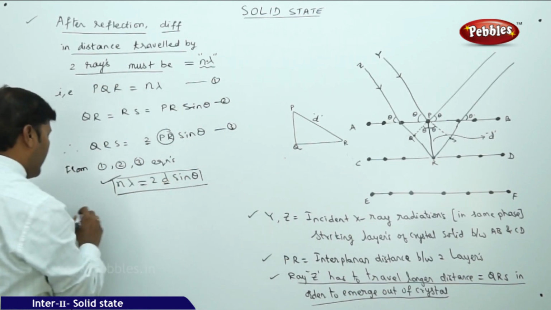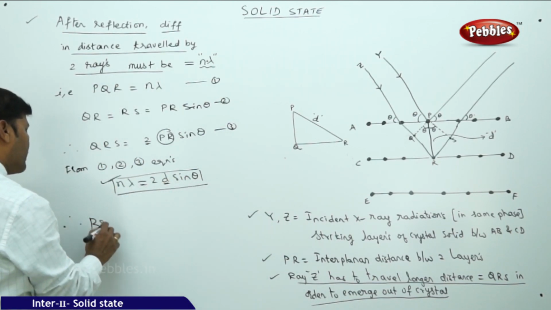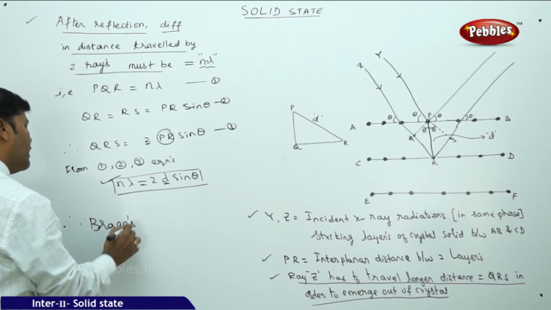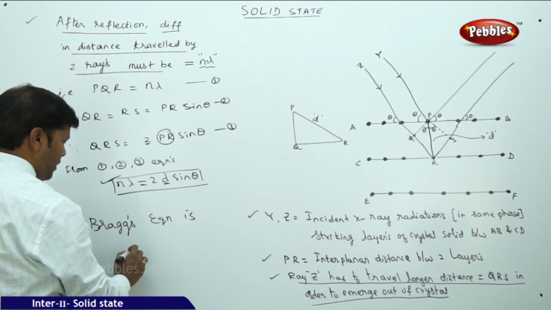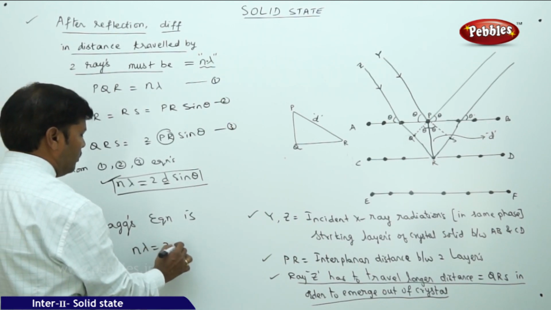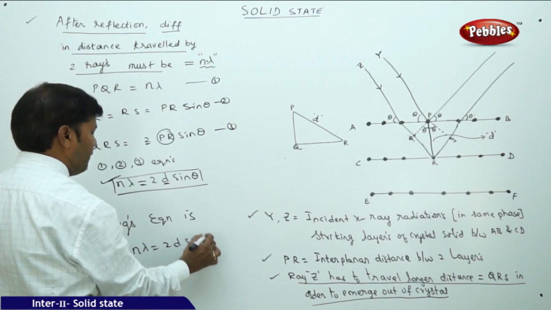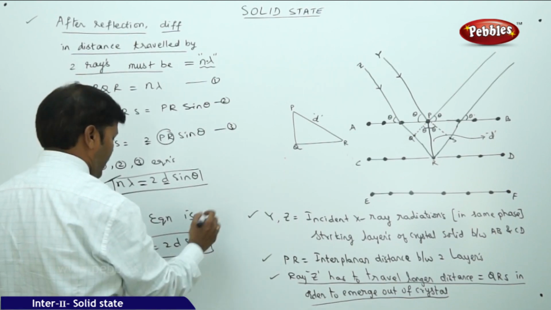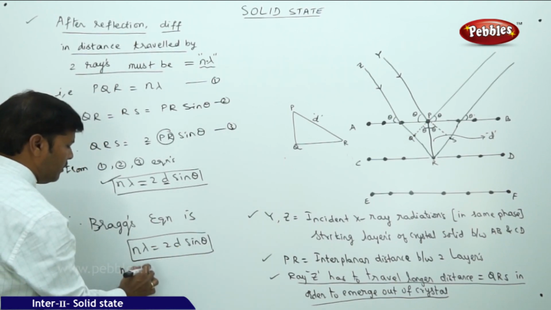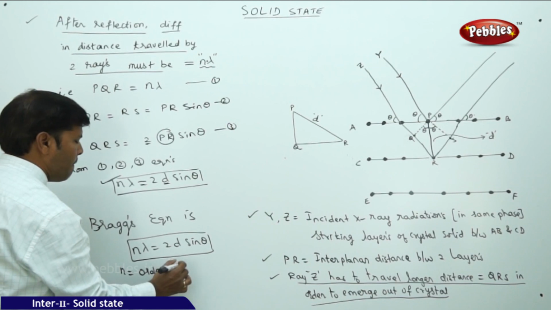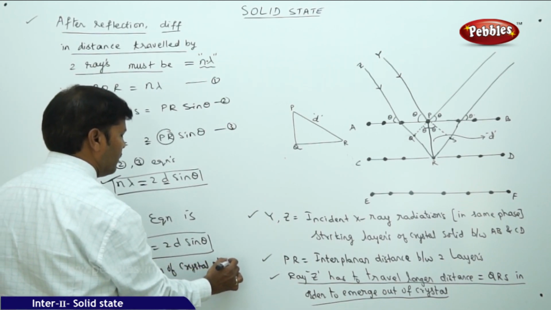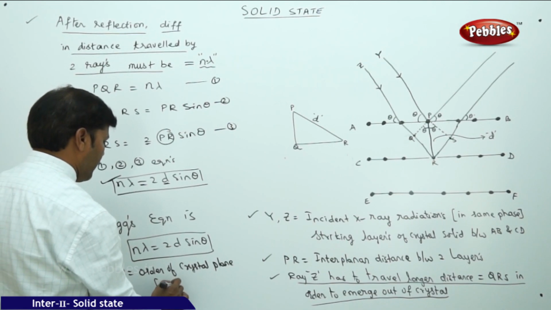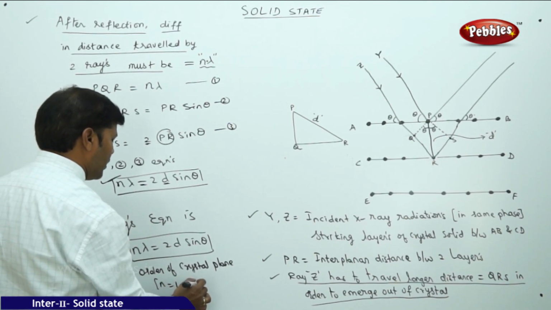So Bragg's equation is finally derived as n lambda is equal to 2d sin theta, where n represents the order of the crystal planes, and n can take the value 1, 2, 3 and so on.